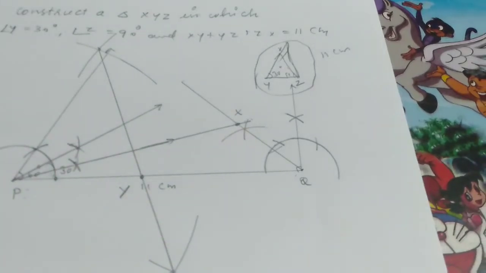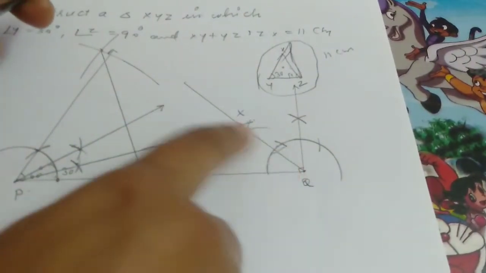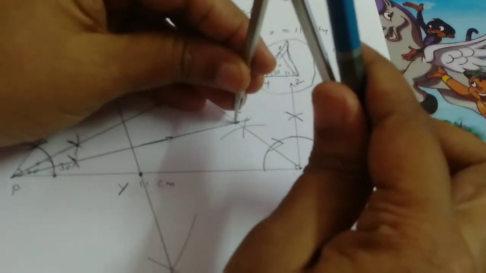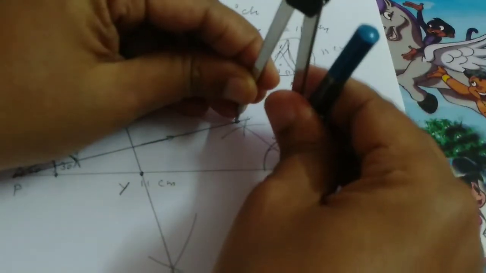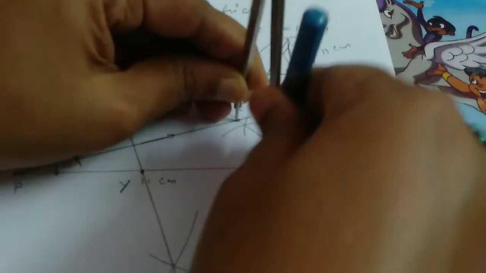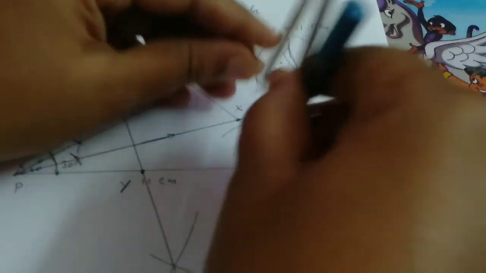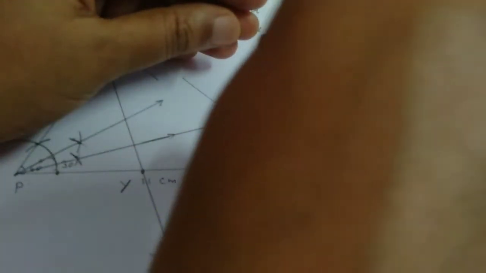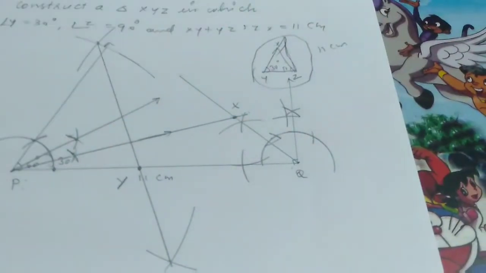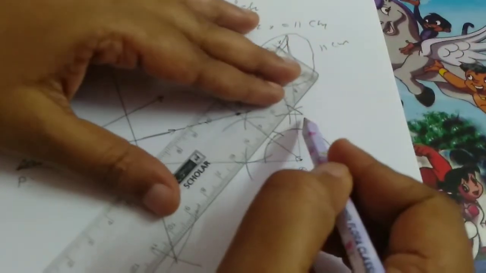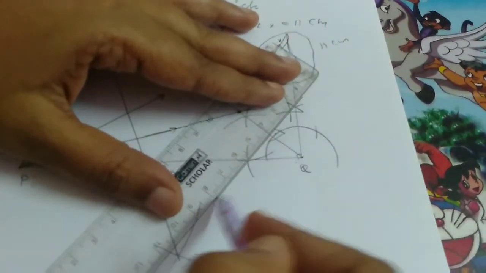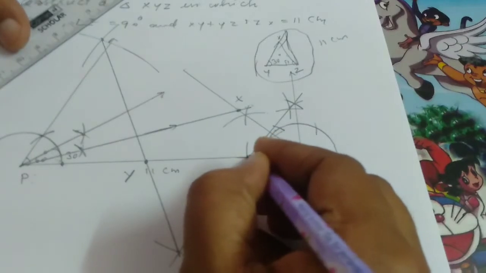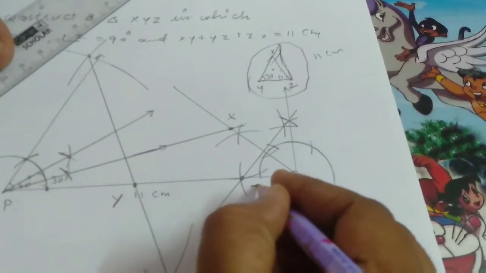Next, the same on this side. For the line segment XQ, take more than half, cut one arc like this. Then keep the compass on the Q side. Now join these two points. This will be the Z point.